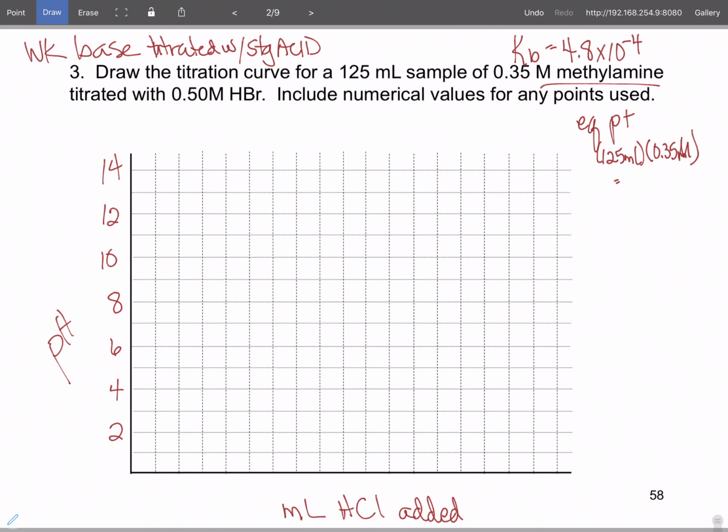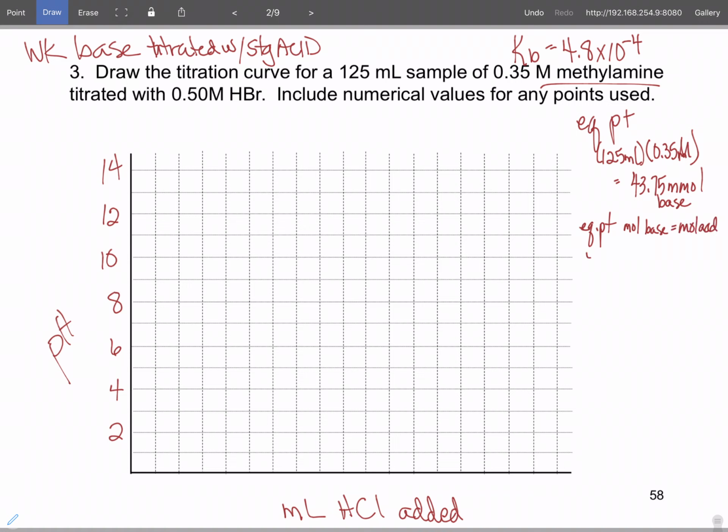So we're going to titrate, as I said, a weak base with a strong acid. We're given the Kb. We're looking for the equivalence point, so we're taking the volume times the concentration. And we learn that we have 43.75 millimoles of the base. So to reach the equivalence point, moles of acid have to equal moles of base.